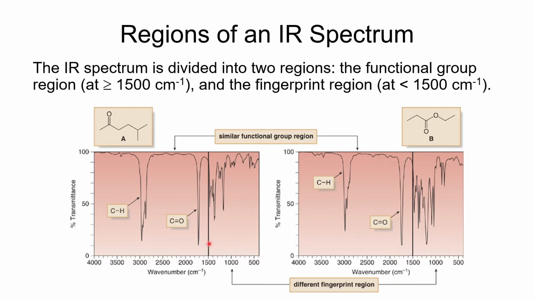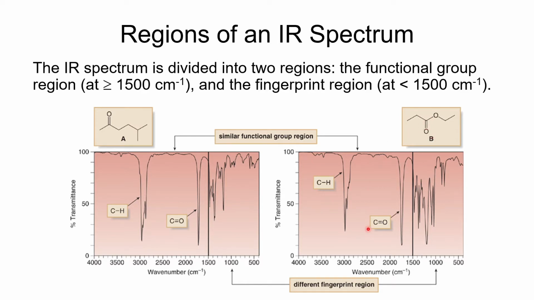All right. And then again, I'll point out these peaks right here, the carbon hydrogen and then this carbonyl. These peaks correspond to the stretching frequencies of the carbon oxygen for the carbonyl and the carbon hydrogen that are all over that particular molecule. Over here, we also have a carbon hydrogen and a carbonyl.